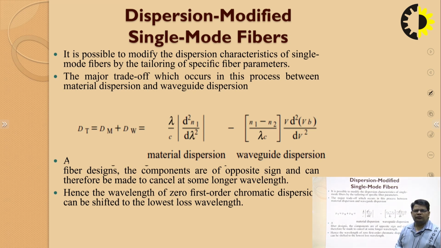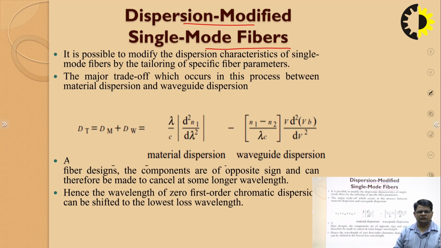The first topic for today's lecture is dispersion modified single mode fiber. Basically we know that the dispersion characteristics or dispersion graph, or we can also say the dispersion response for a single mode fiber, can be modified or changed. For example, in the single mode fiber we get a zero dispersion point at a wavelength around 1.3 micrometer.